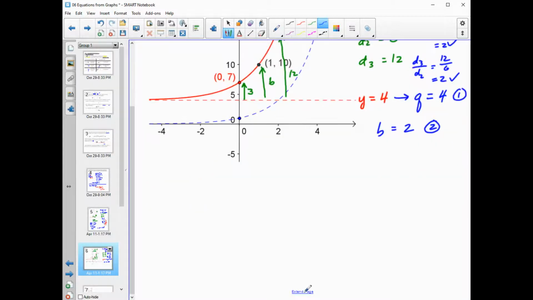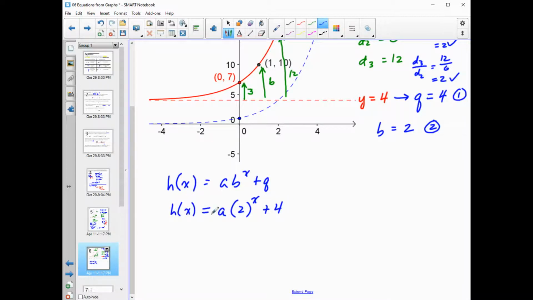And now I'm going to write my equation. And since I've just been changing the letter, h of x equals a times b to the x, plus q. I don't know a yet, but I do know the base is 2 to the x, and I know the q value is 4, so that's h of x.